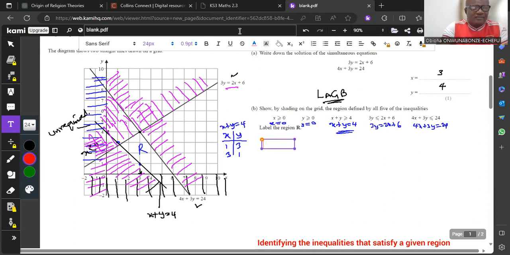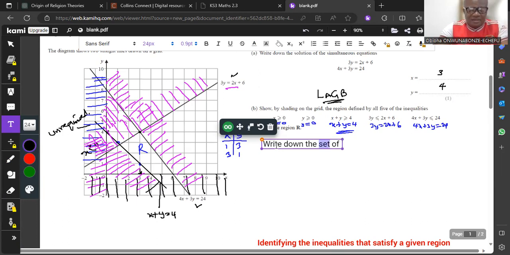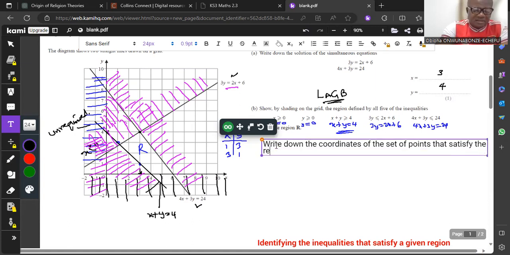Write down the coordinates of the set of points, with integral values of x and y, that satisfy the region R.